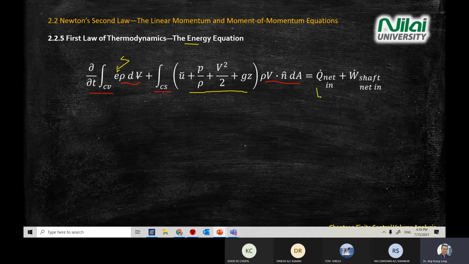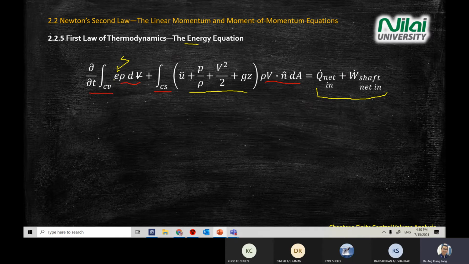And we will look at Q dot and W dot, which is your power, and the mass flow rate in the system. So it's the energy also. Q is your energy in the system, plus the rate of power inside your system.